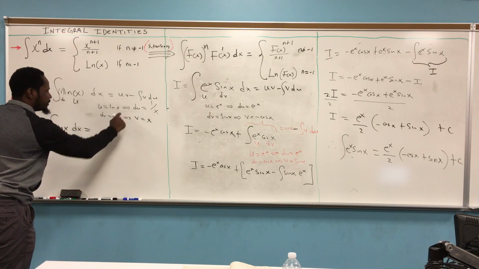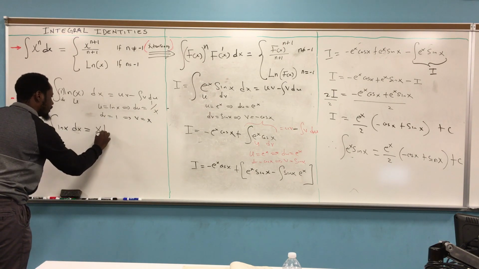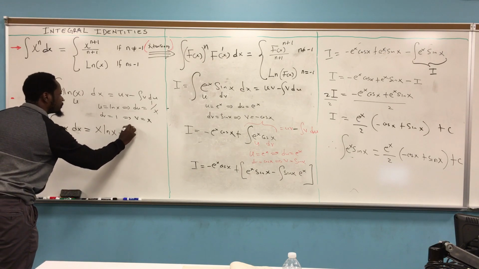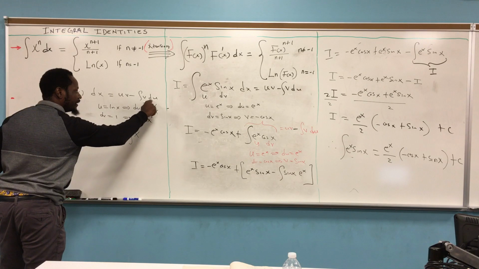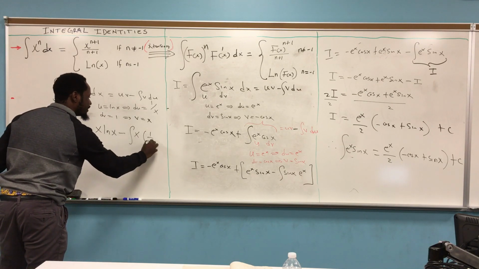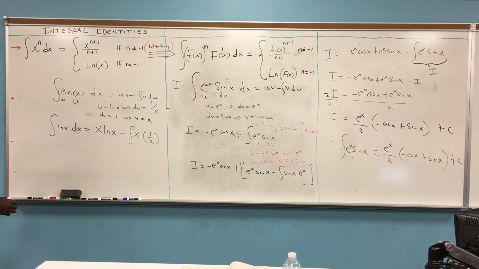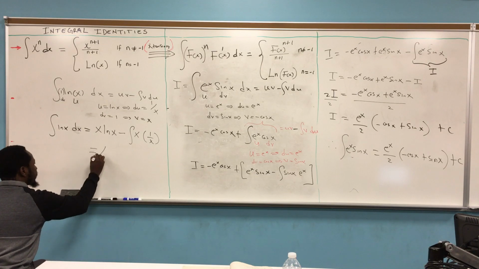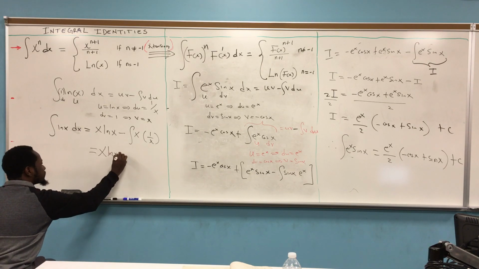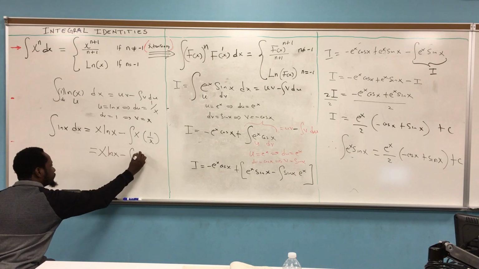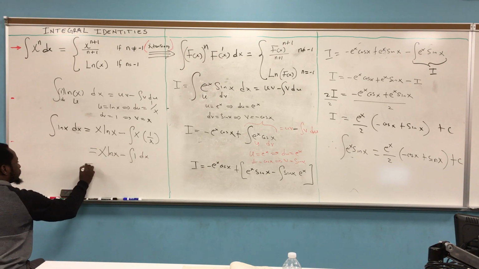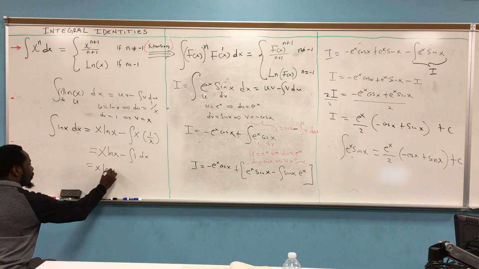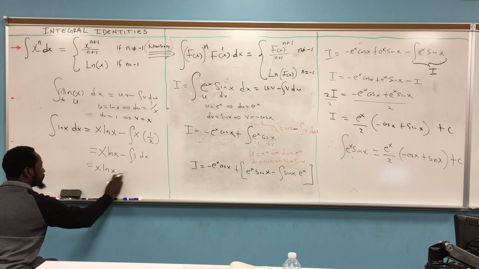U is this, v is this, so x ln x minus integral v, x, du, 1 over x. You see? That's the key. This gives us x ln x minus integral 1. X for sure. And this integral of a constant or 1 is x.